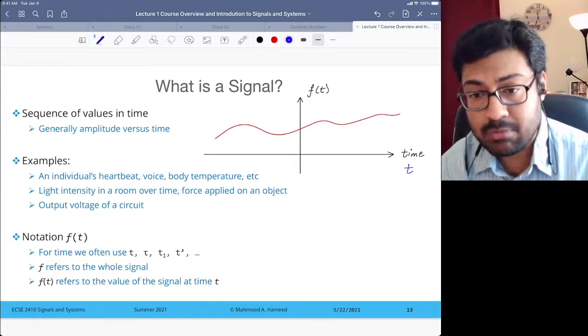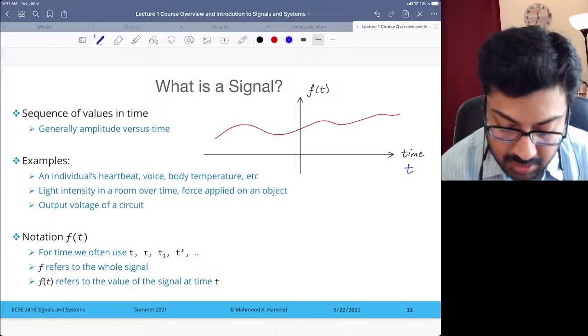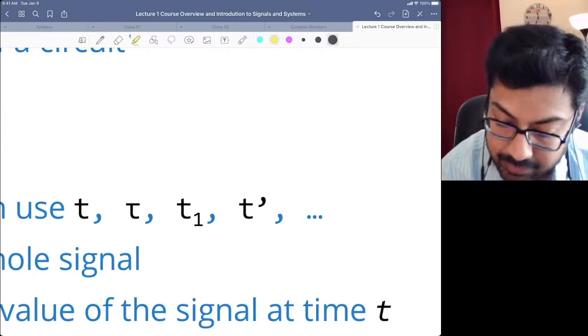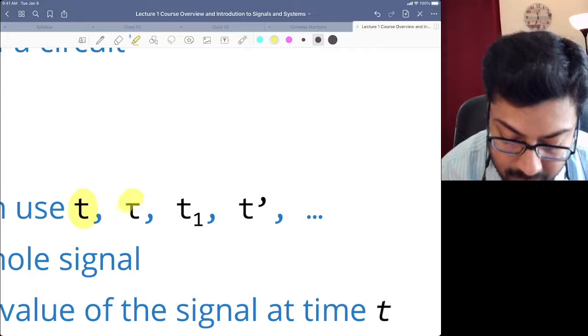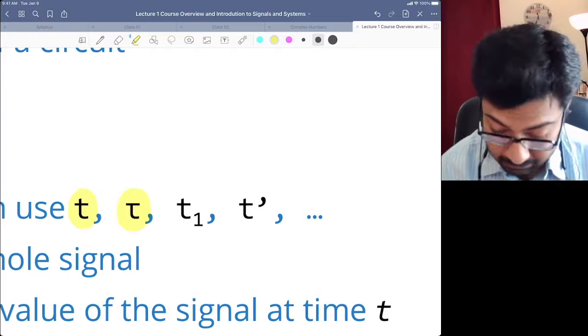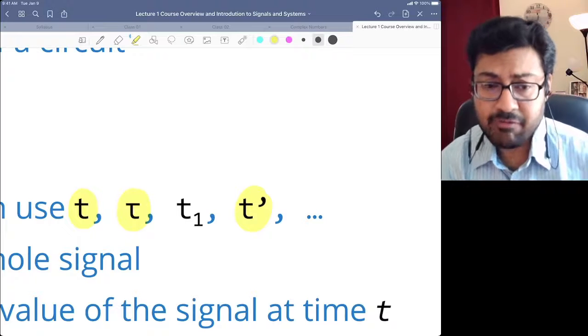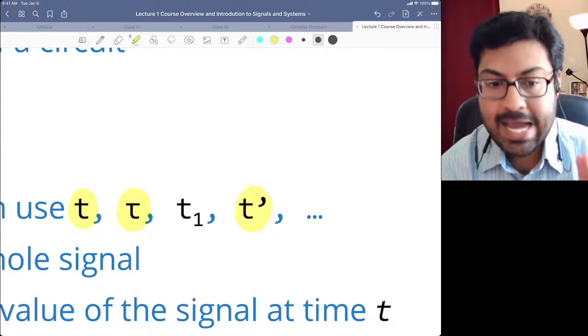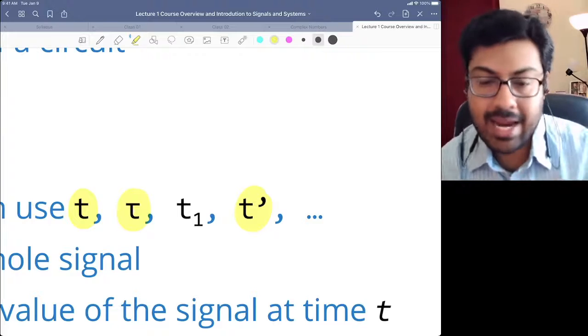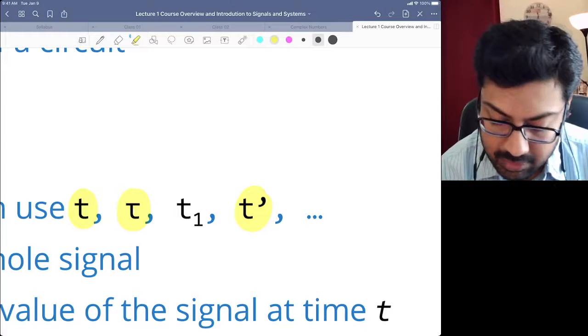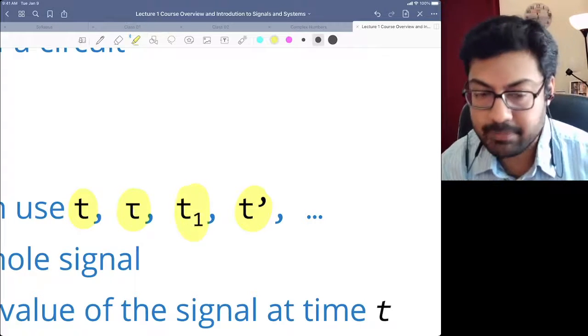So what do you do when you need more than one time variable? Well, you can use t, you can use tau, you can use t prime, and generally for fixed times, say at t1, at t2, at t3, you can use a subscript.